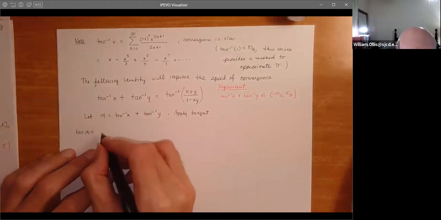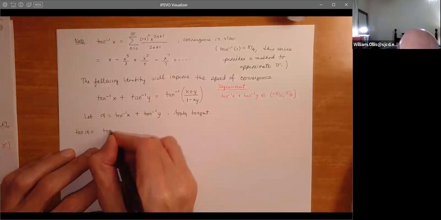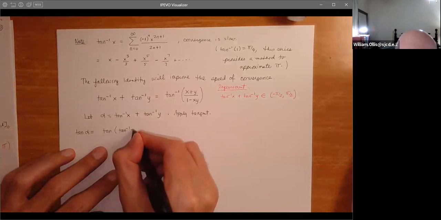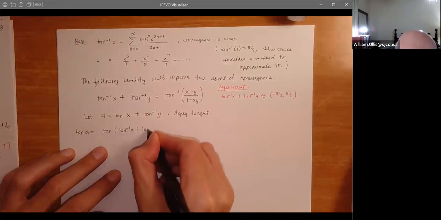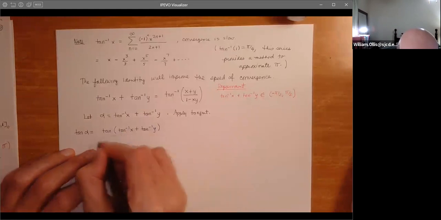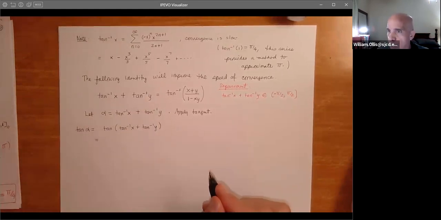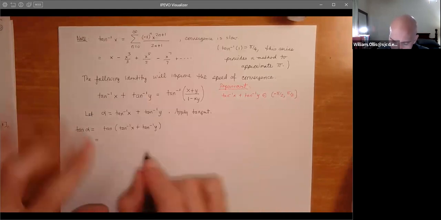So this will be tangent of, let me write it out. Inverse tangent x plus, I won't skip this step. If I leave out a step, it's only because it's an obvious thing. But here I need to write this.